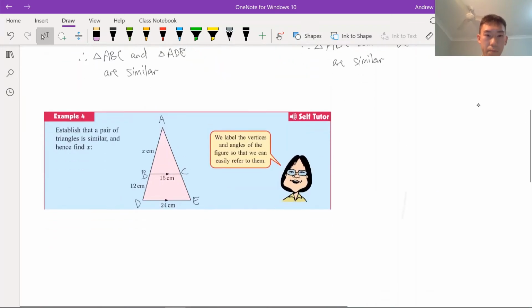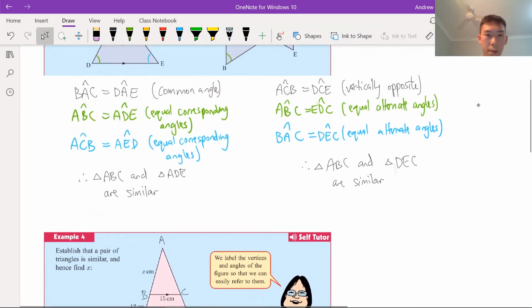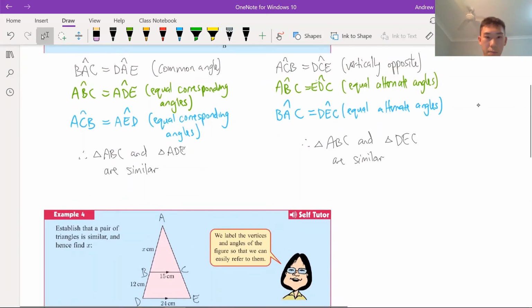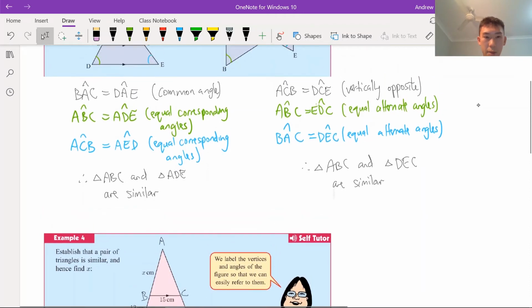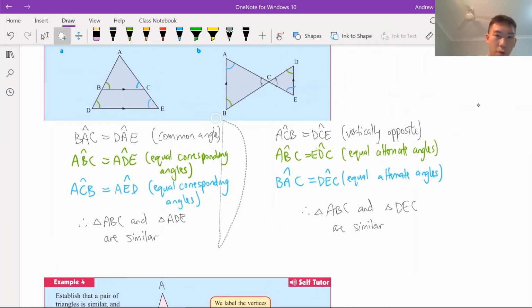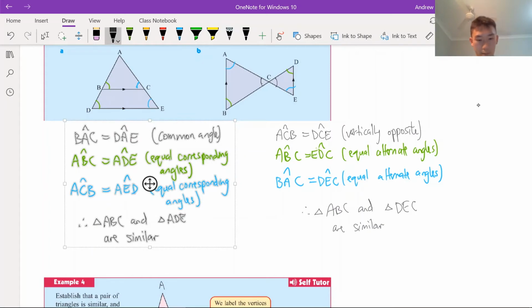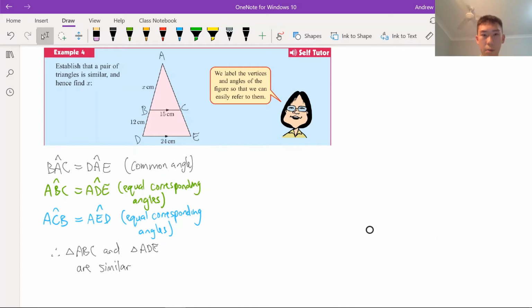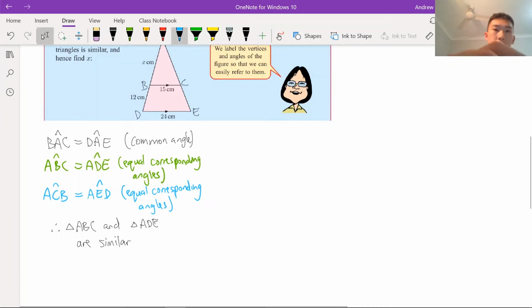Alright, so I'll literally just copy this over. Saves us doing it again, right? So that establishes that these triangles are similar. What did I label? Like that. There we go.